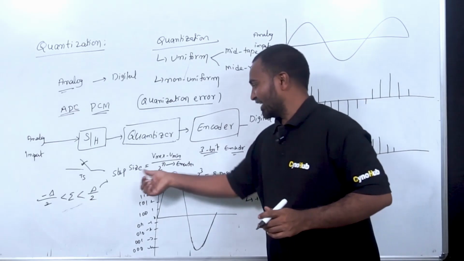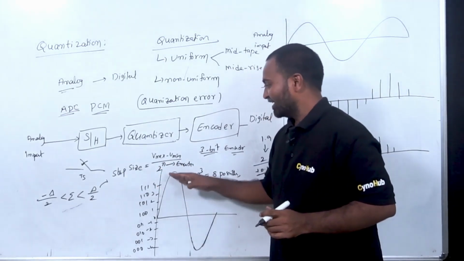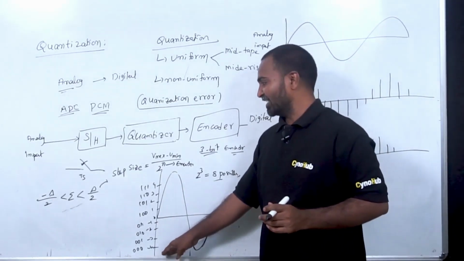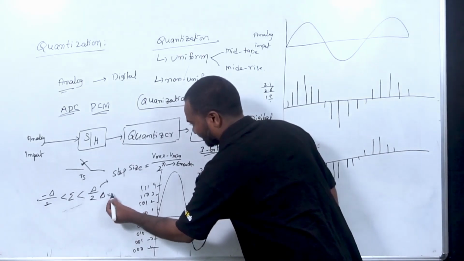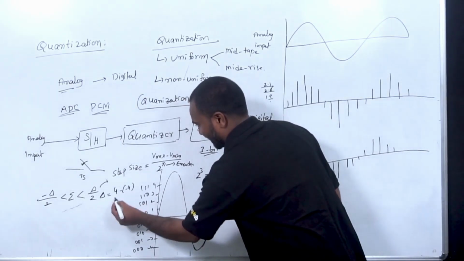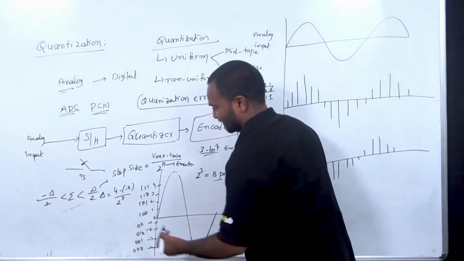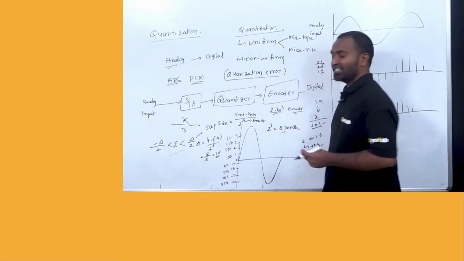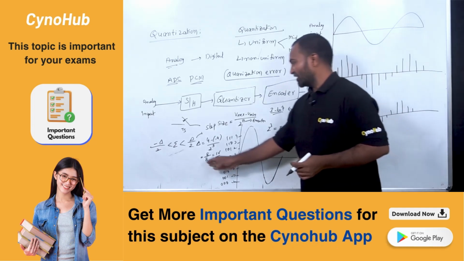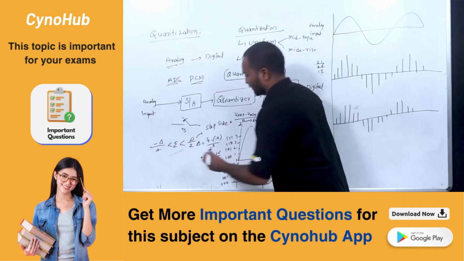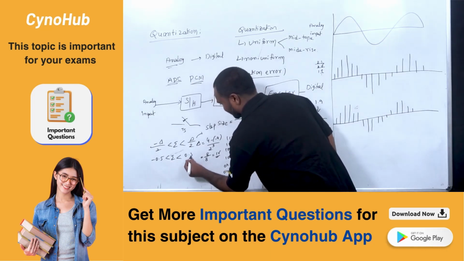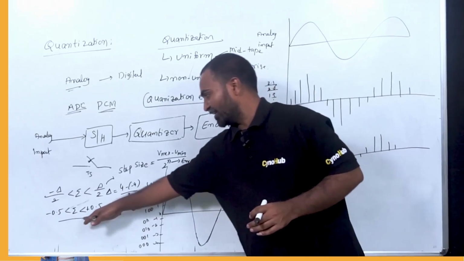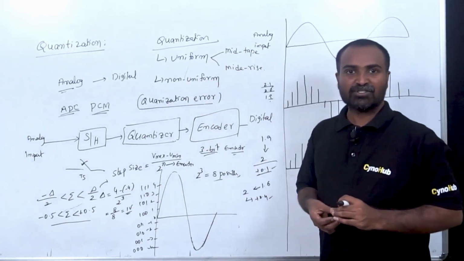For example, if you consider a sinusoidal waveform with a maximum amplitude of 4 volts and a minimum amplitude of minus 4 volts, the step size delta is equal to (Vmax minus Vmin) by 2 power n, here n is equal to 3. Therefore, 8 by 2 power 3 is equal to 8 by 8, which is 1. So the step size is equal to 1 volt, which means the quantization error is in the range of minus 0.5 to 0.5.